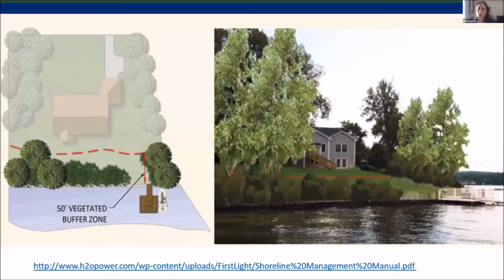You could add a few more things, some low-growing shrubs, a few trees off to the side where the view's not as good, and really increase that buffer, aiming for that 50-foot vegetated area and still allowing access to your dock and boat and things like that. So really think about how you can add more without taking away from your enjoyment of it.